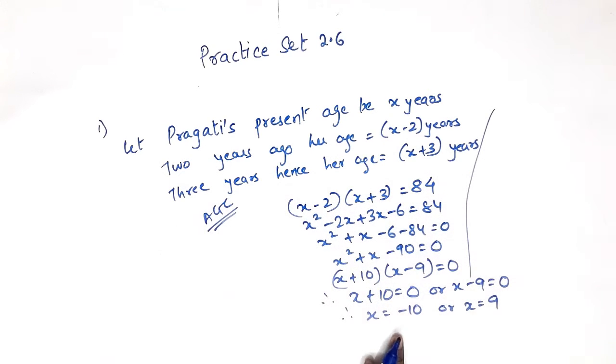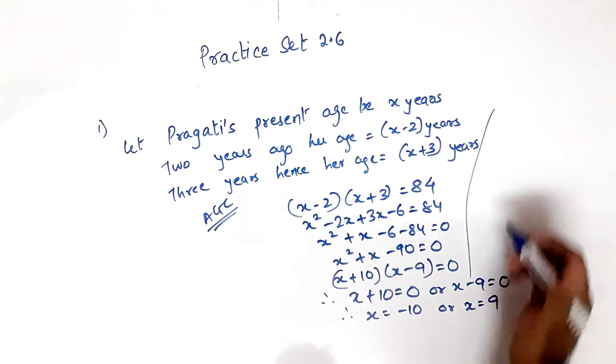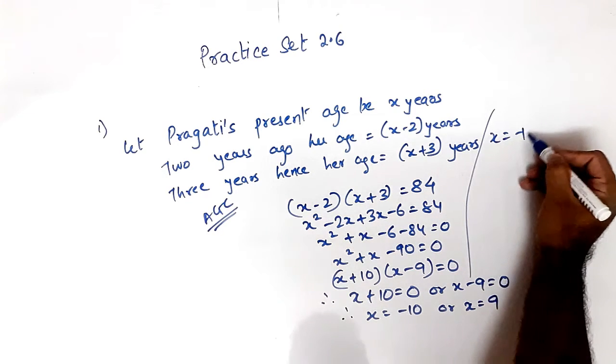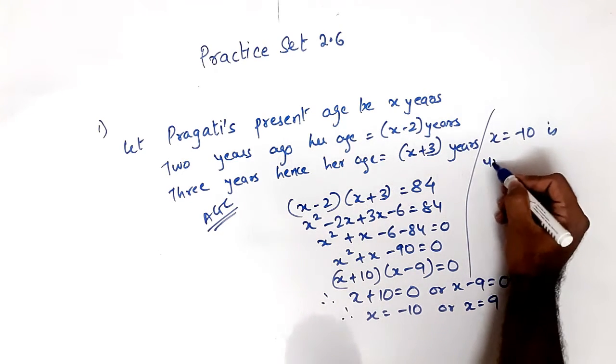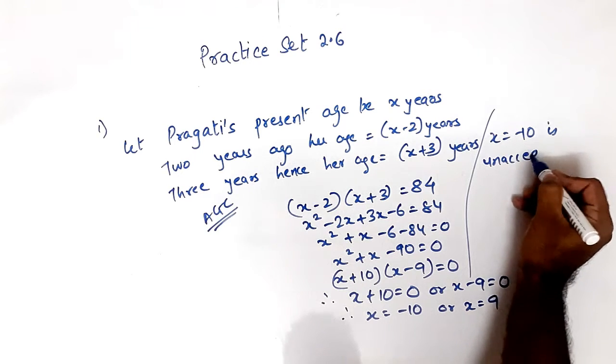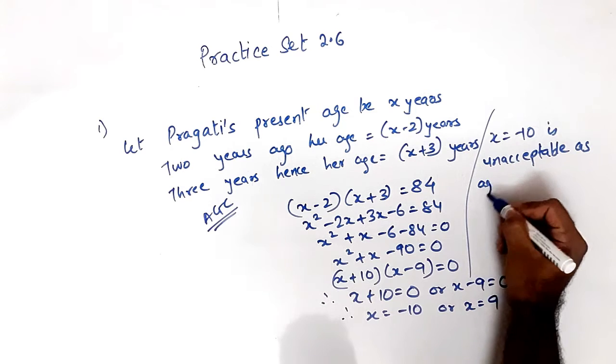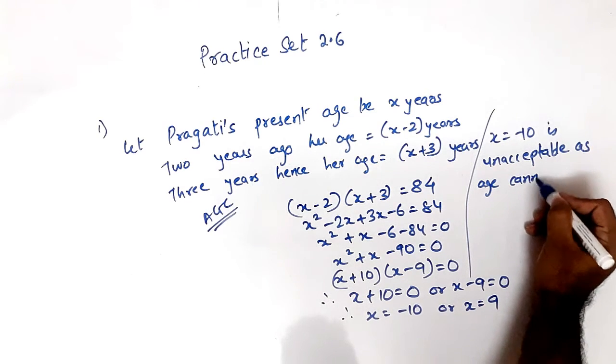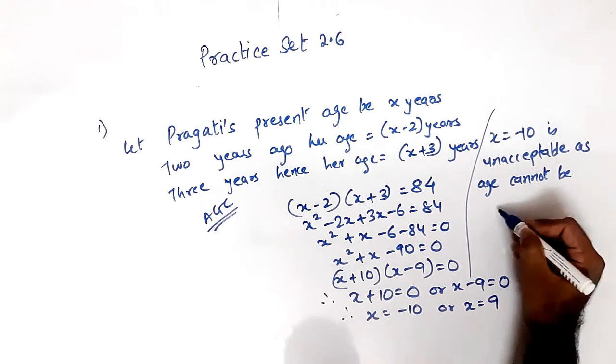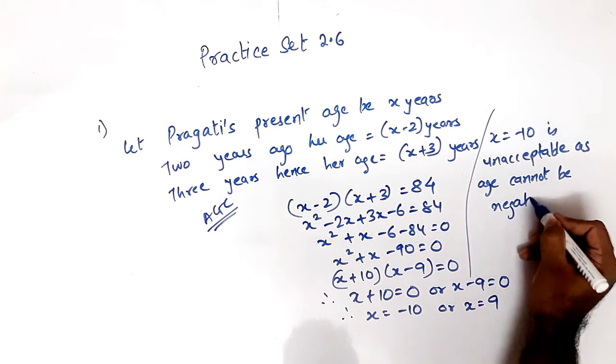This we cannot take because age cannot be negative. Okay, so what can we take? The possible value of x is 9. x is equal to minus 10 is unacceptable as age cannot be negative.